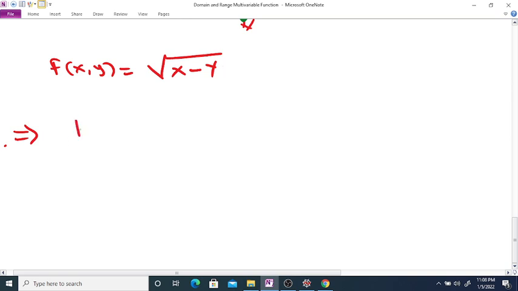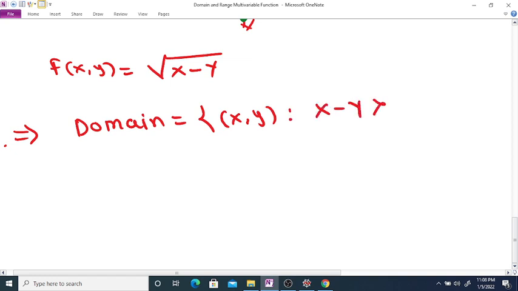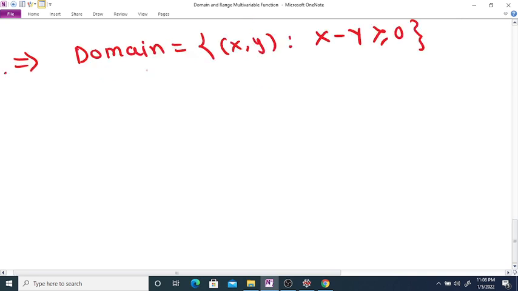So here the domain is the collection of all (x, y) such that x minus y is greater than or equal to 0. To sketch the given domain, x minus y greater than or equal to 0 implies x is greater than or equal to y.